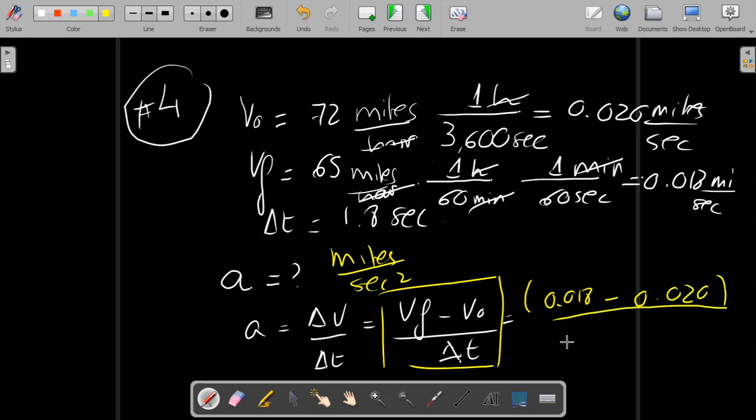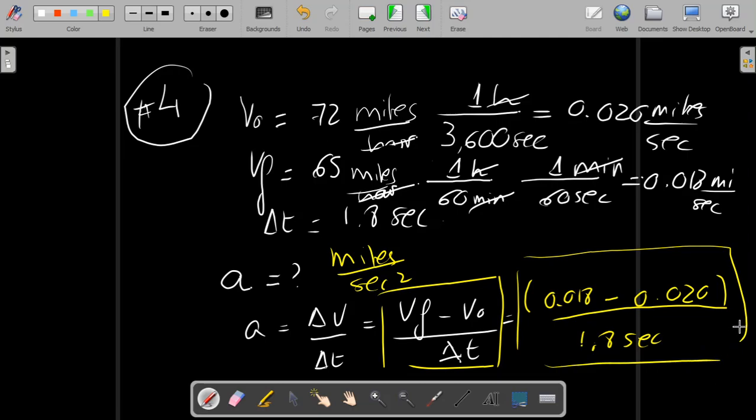Now I can divide by my time that's in seconds, and that was 1.8 seconds. And this is where the value of number 4 came from, that negative 1.10 to the minus 3 miles per second. You put it in the calculator, that's where your answer comes from.